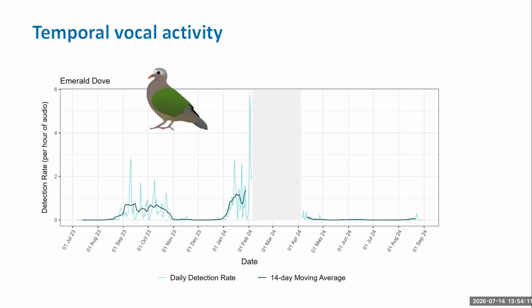This is a nice example of the seasonality in the emerald dove and the low detection rate. The grey box shows a period where we missed data because a lot of the recorders ran out of power. So that's just to show how you get really nice temporal activity patterns.